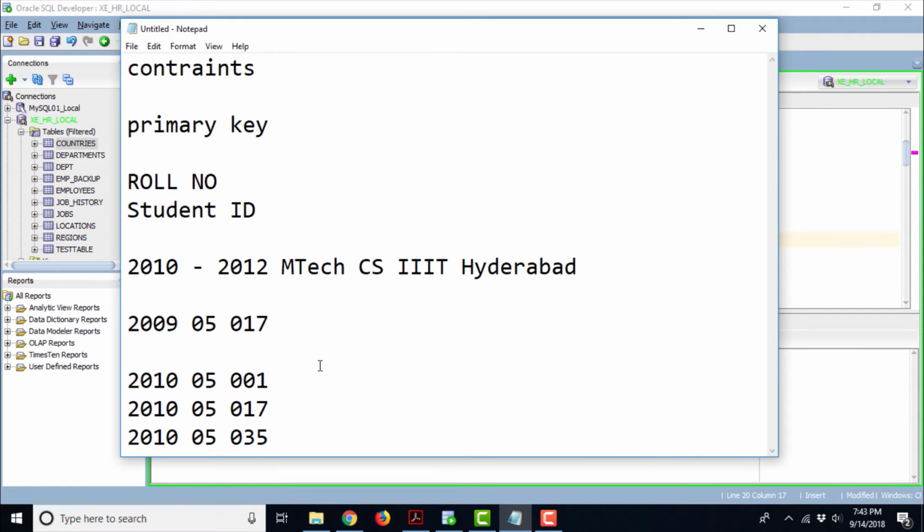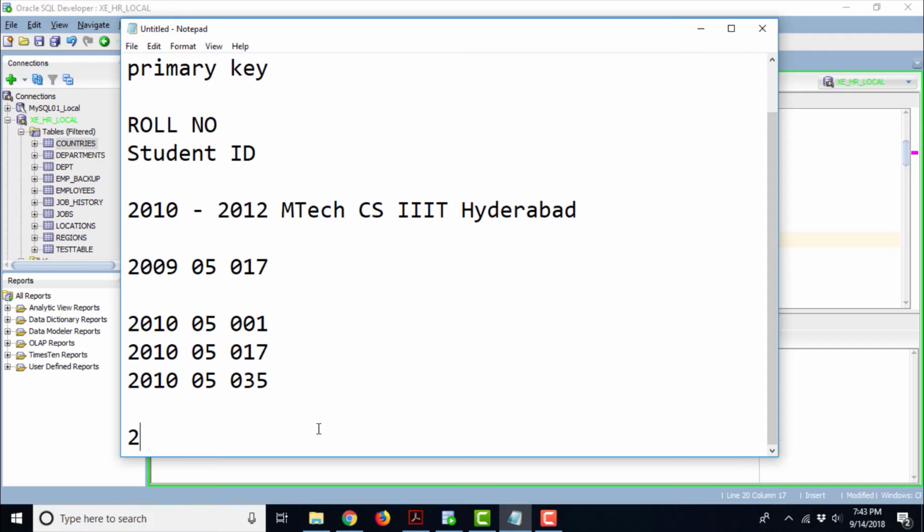The person who got admitted a year after me had 2011 05 017. So these were all classes with multiple students, and all these people had the 17th index number, but still all these numbers were different because this student got admitted in 2009 and this student got admitted in 2011.